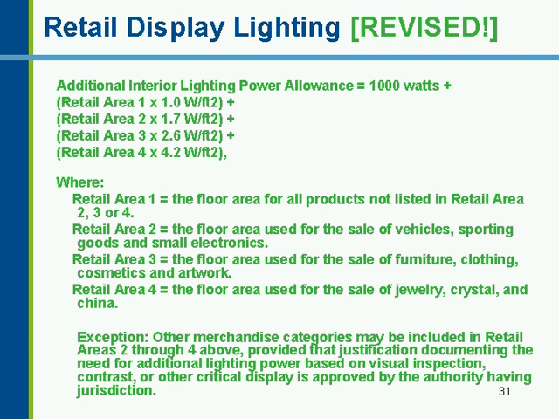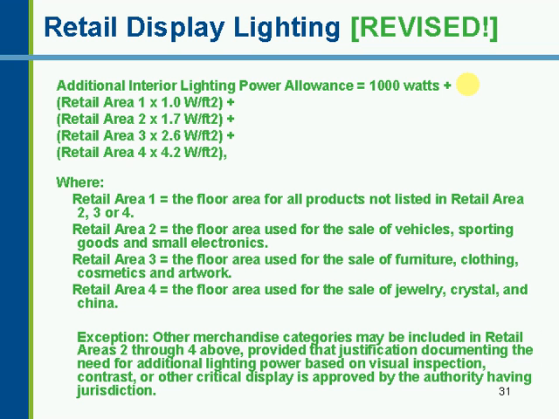As you can see, the simple calculation at the top is you get a flat 1,000 watts if you have articulated display lighting. And depending on the type of merchandise, the retail area type, you can get additional power as well.